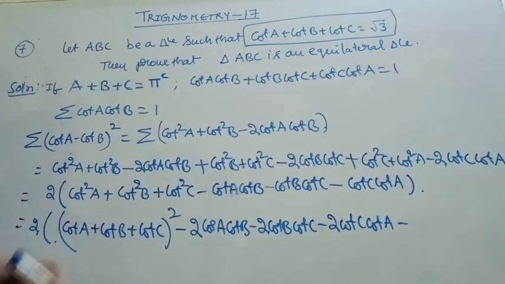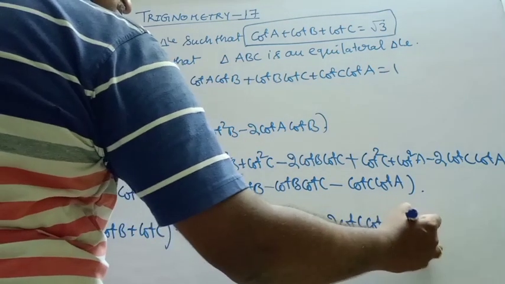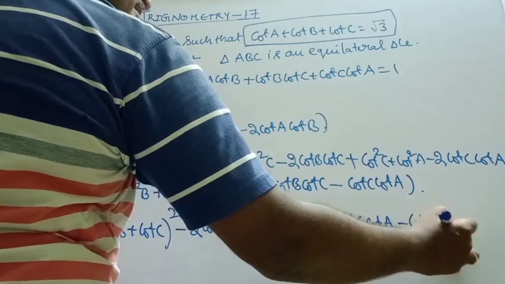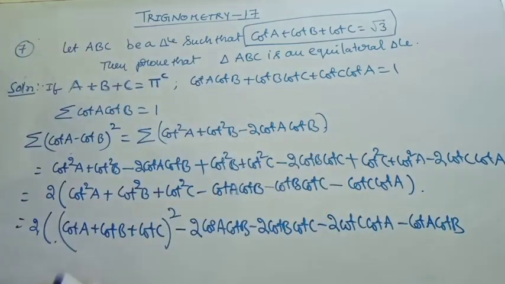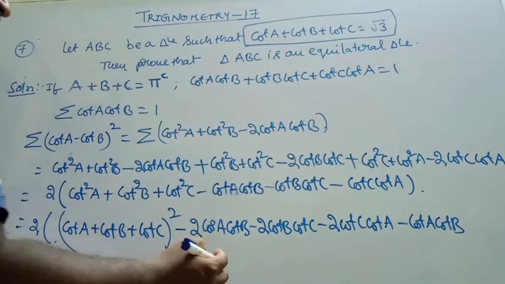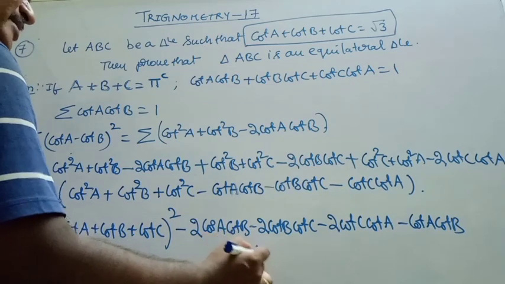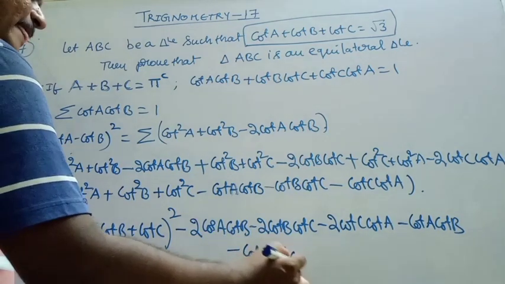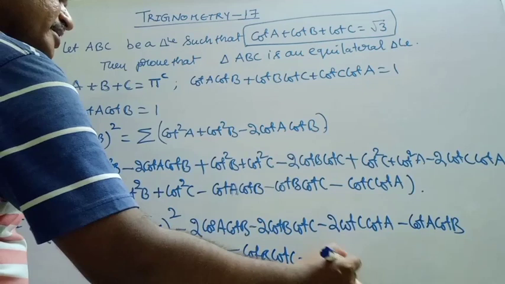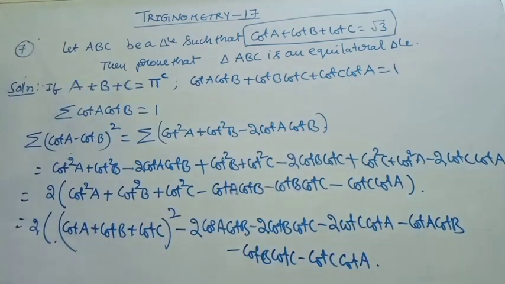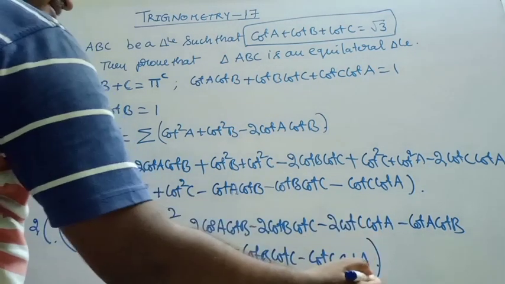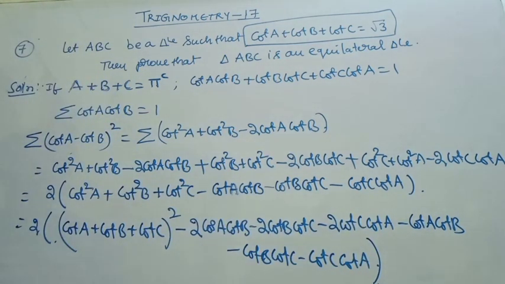Minus, you have totally cot A cot B minus cot B cot C minus cot C cot A, like this. Fine. Now see, we have got this very beautifully, and this is totally covered with the bracket.